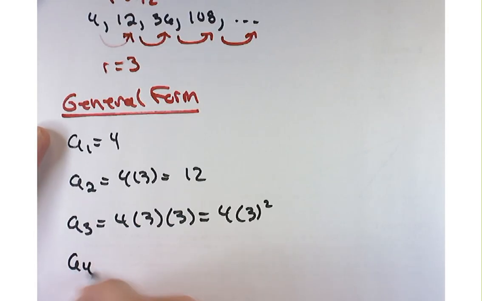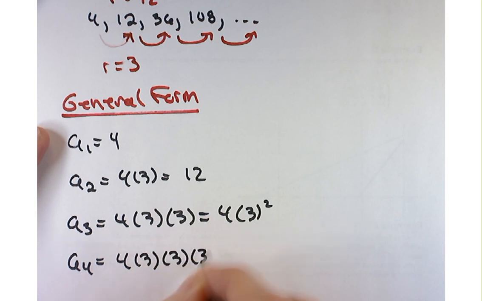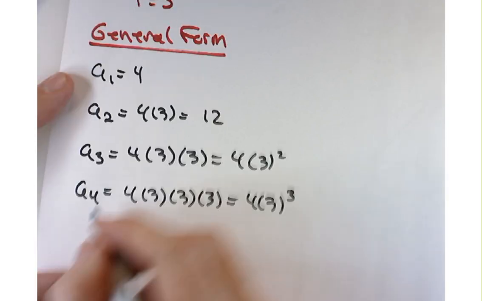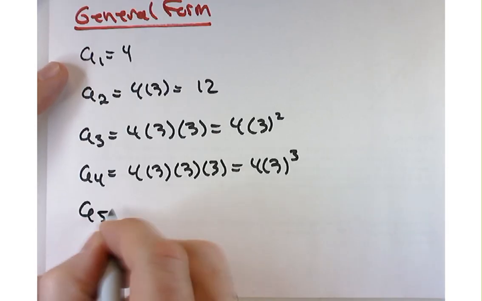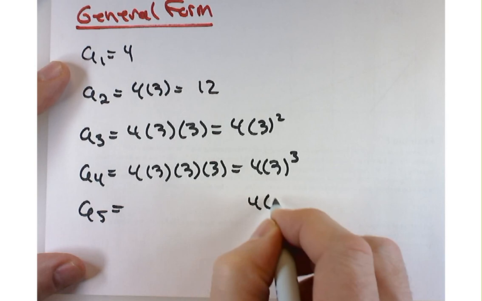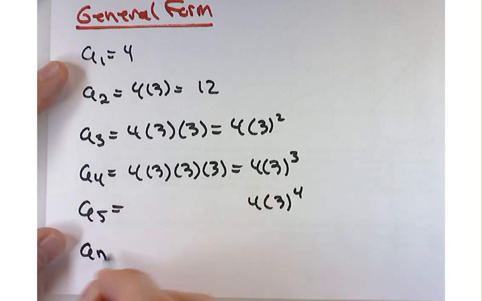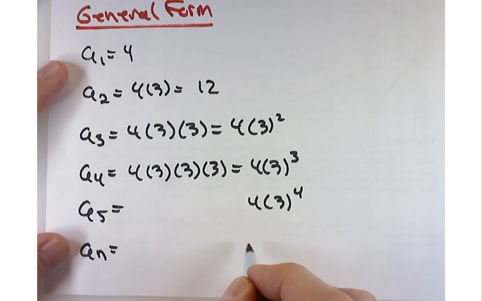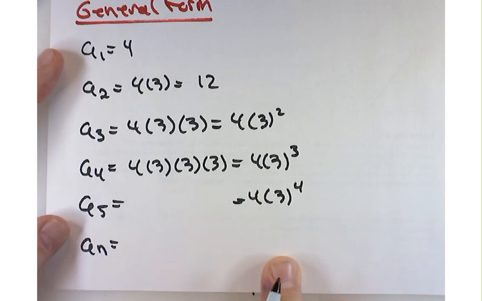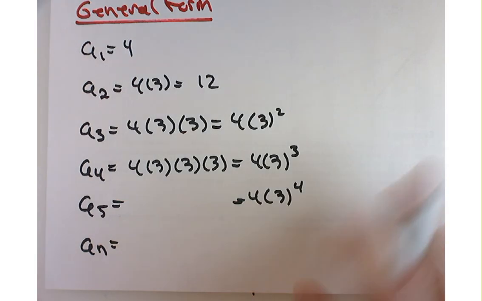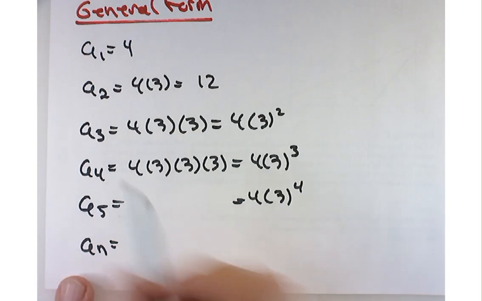A sub 4, well, I'm going to multiply this by 3 again, so it's going to be 4 times 3 times 3 times 3, or better yet, 4 times 3 cubed. And maybe you're starting to pick up on the pattern here. The goal is to figure out, well, what's the general term going to look like? What's that general term going to be for this particular sequence?